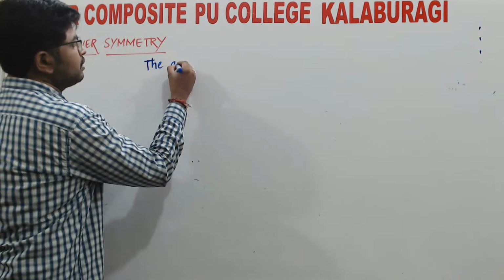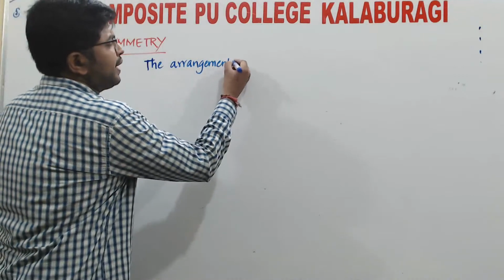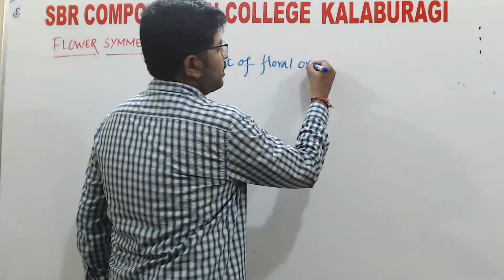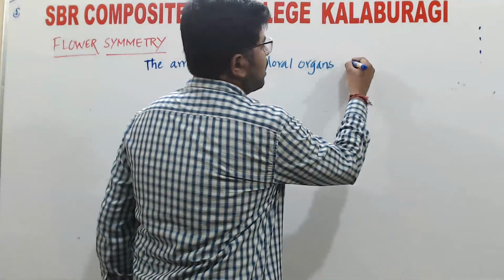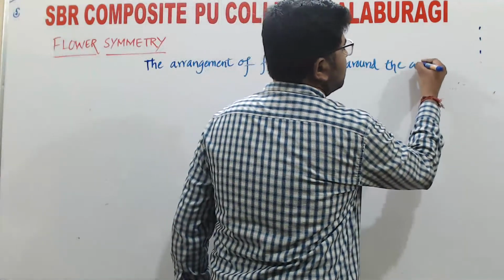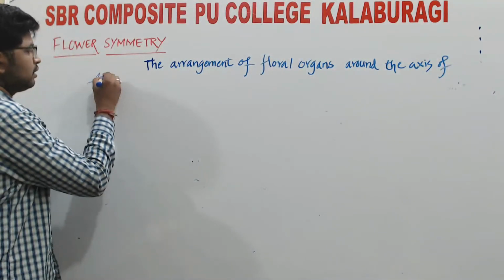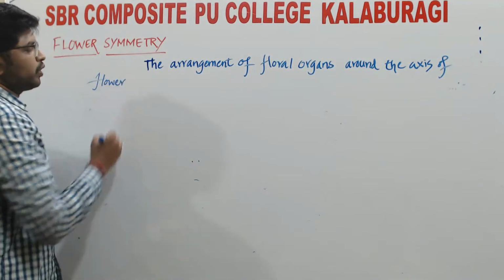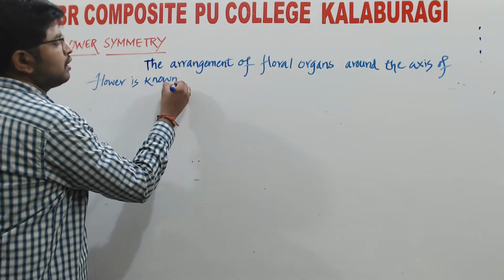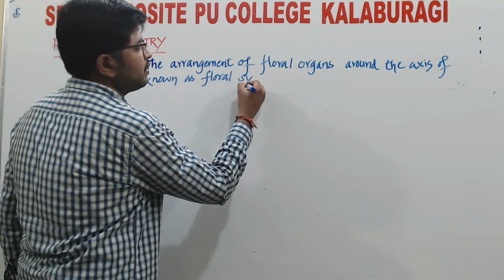The arrangement of floral organs around the axis of the flower is known as floral symmetry.